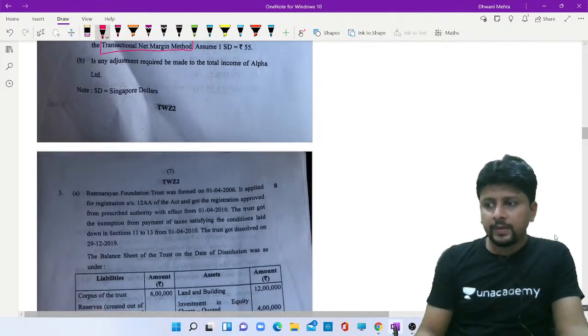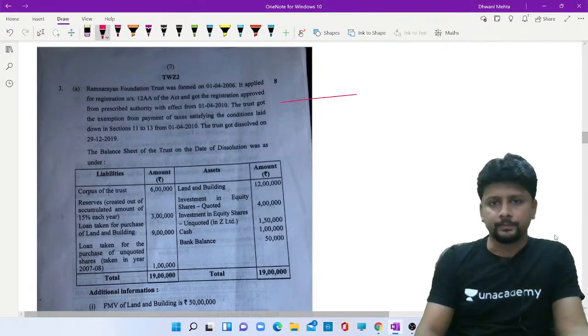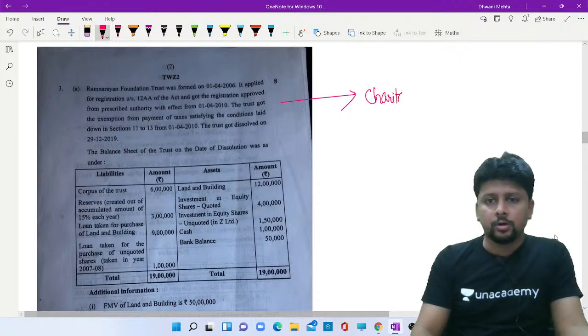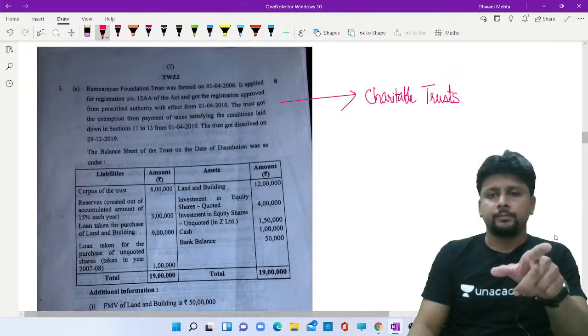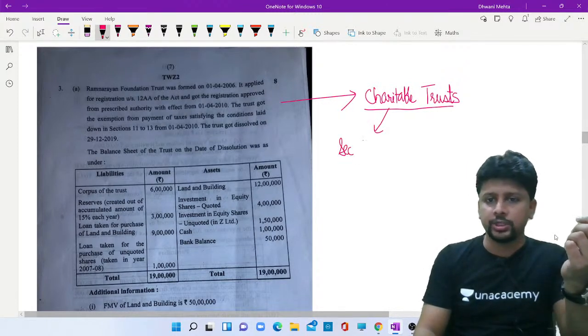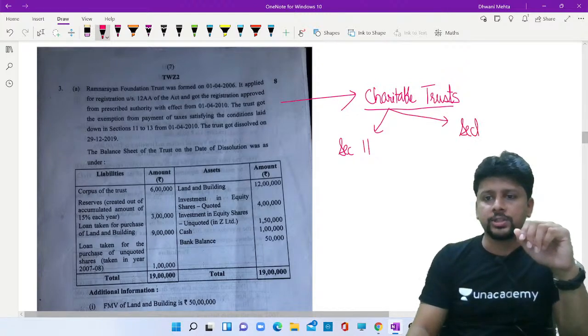Question number 3, again following a pattern. This is a question based on charitable trust. And in charitable trust, you can either get a question based on section number 11, or you can get a question based on section 115 TD.